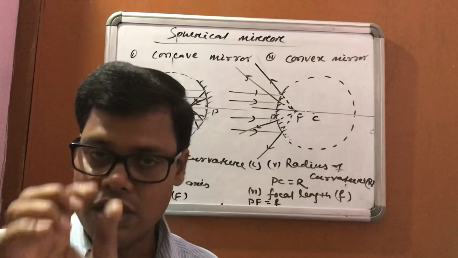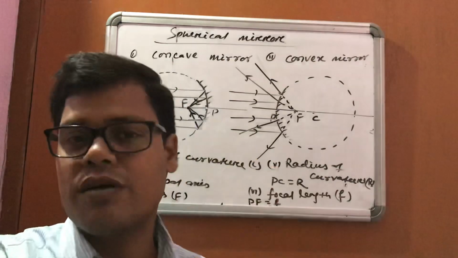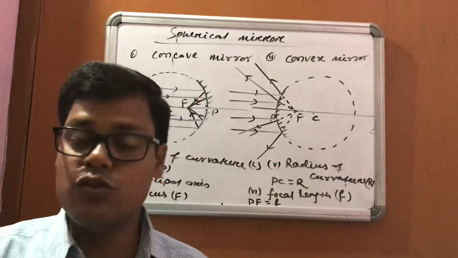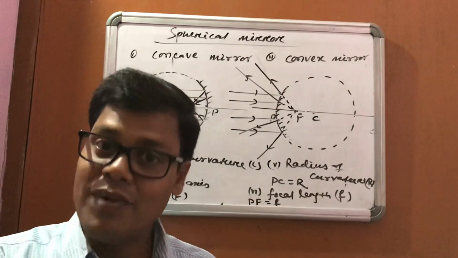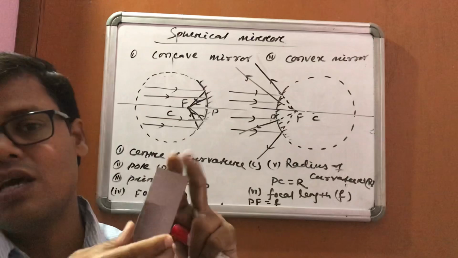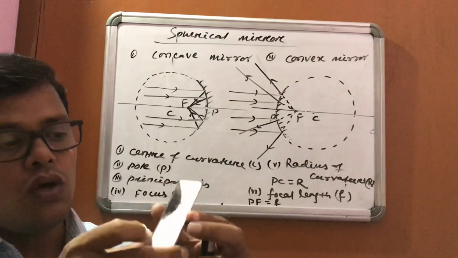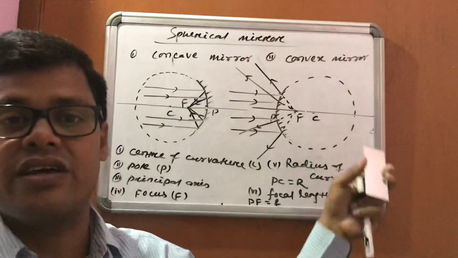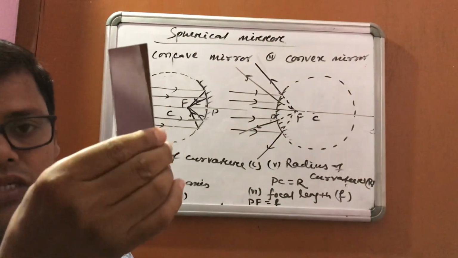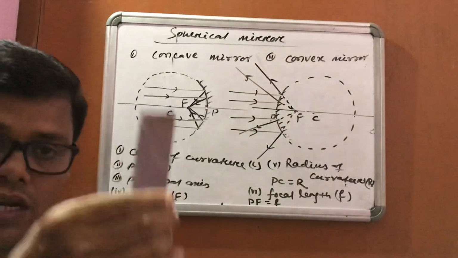It is because we only see a very small part of that sphere. That means if we take a very small part of the sphere, it will be like a plane. The same thing happens with a plane mirror. So it is part of a sphere of infinite radius. That's why its radius of curvature is infinite as well as focal length infinite.